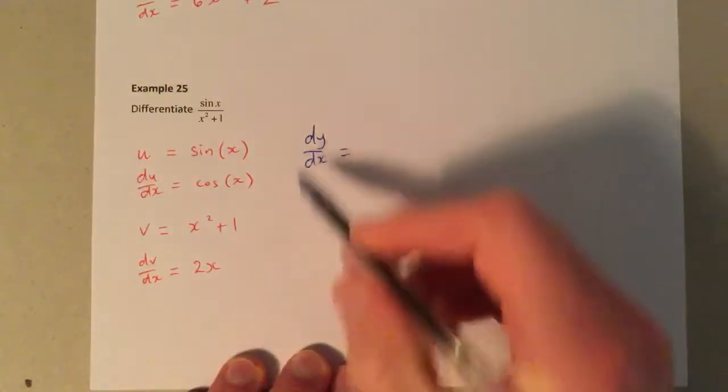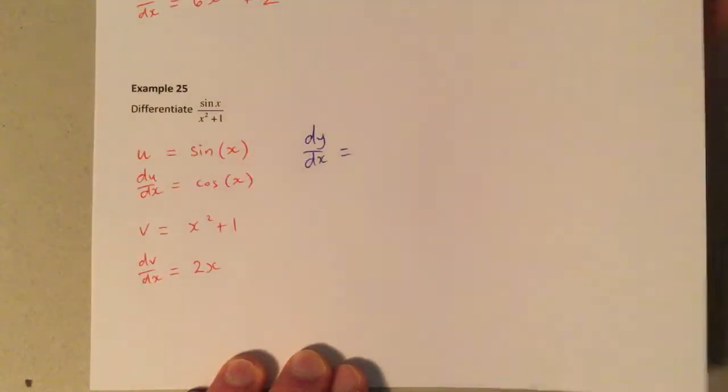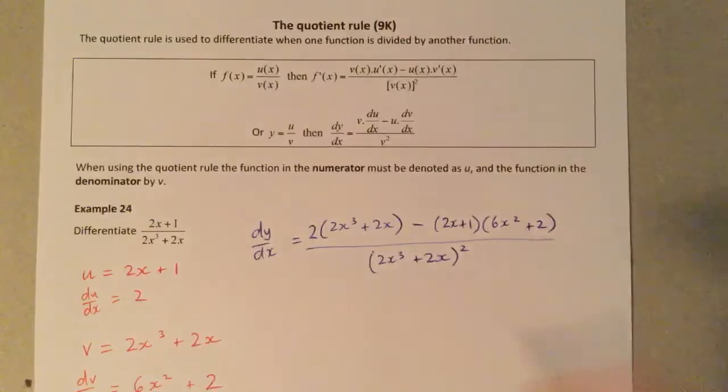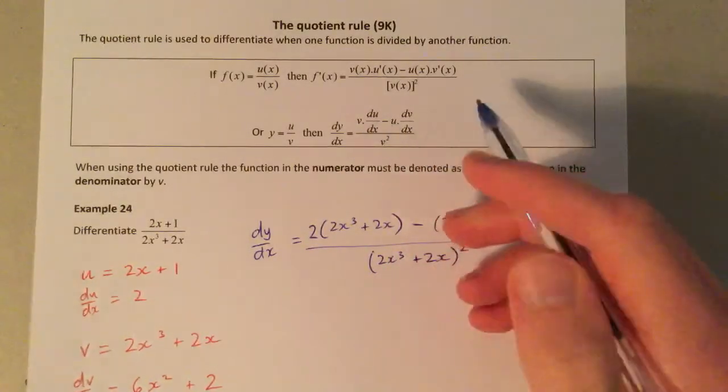So the derivative here will equal, again, I'm going back to my formula here because even as a methods teacher for quite a few years, I often get the v's and du dx's the wrong way around when I do this. So v times du dx.